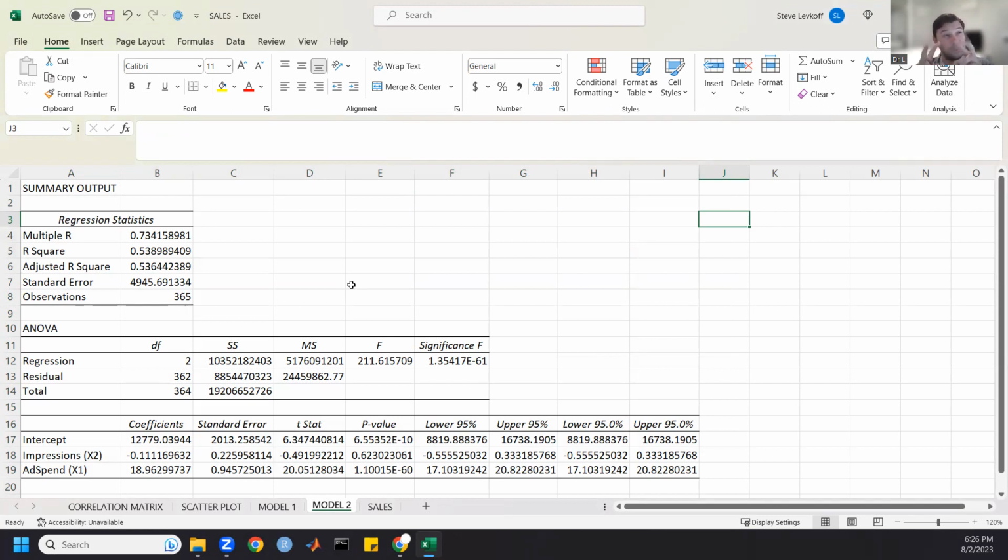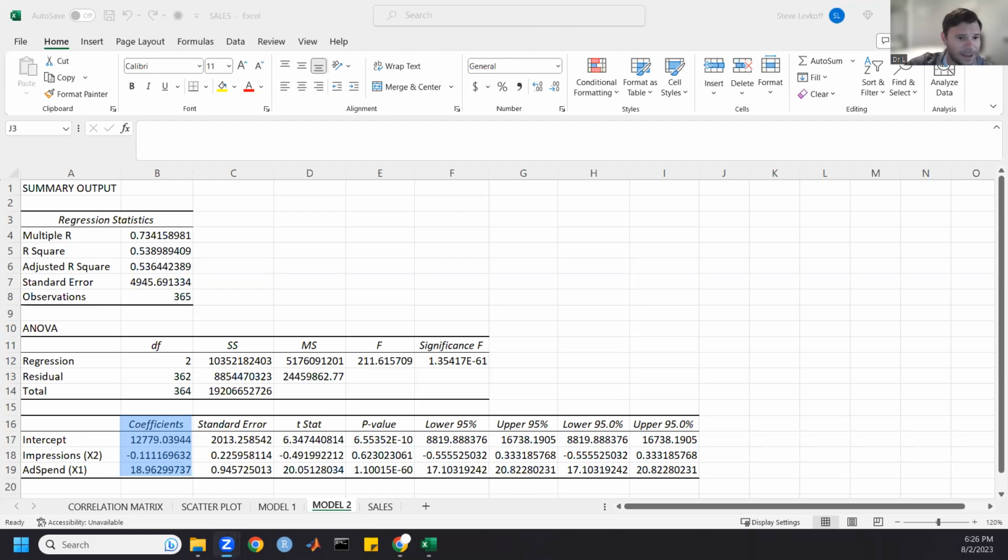Which model is better at fitting the data that we have? Okay. First thing we should take note of here, most important column is the coefficients column. This is the column I need to get my estimated values for beta 0, the intercept, beta 1, and beta 2, the coefficients on X1 ad spend and X2 impressions.